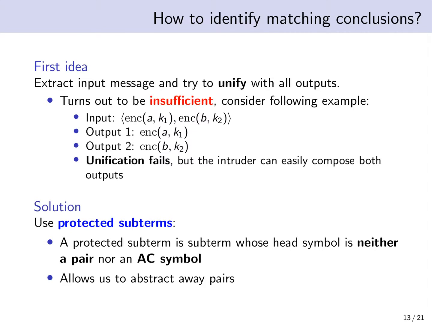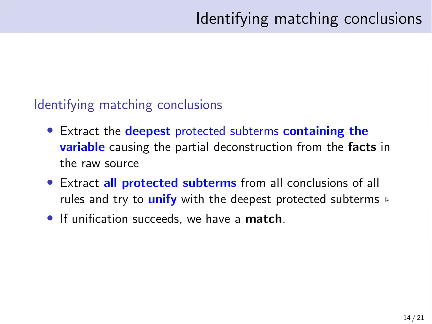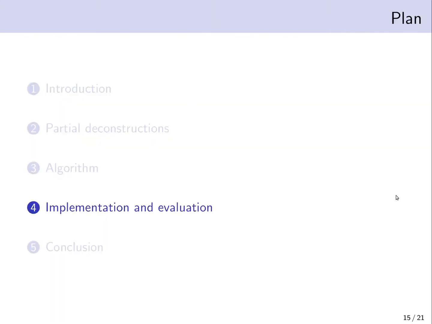And this allows us to abstract away pairs, and then we can identify matching conclusions by extracting what we call the deepest protected subterms containing the variable causing the partial deconstructions for the input facts in the raw source, and then we can extract all protected subterms from all other conclusions and try to unify these protected subterms. And if we have a pair of protected subterms that unify, we have a match, and we add the annotations and add a case to our lemma.